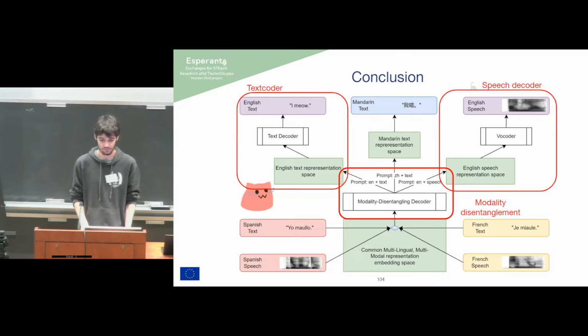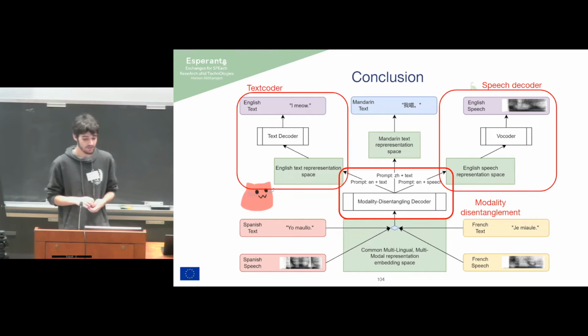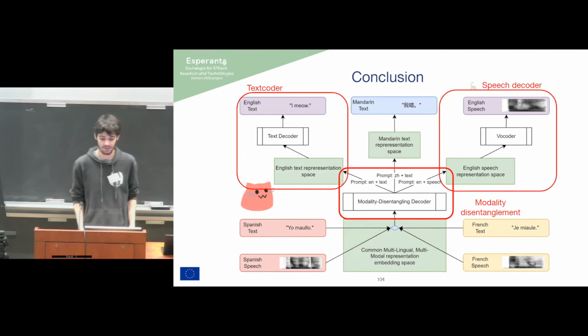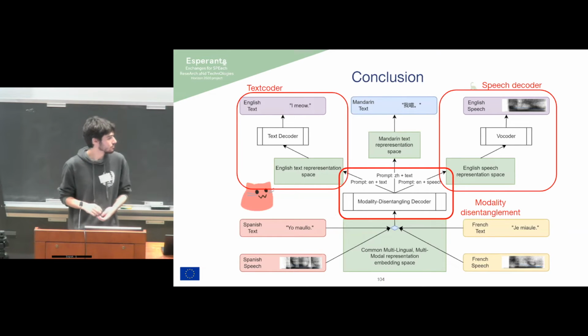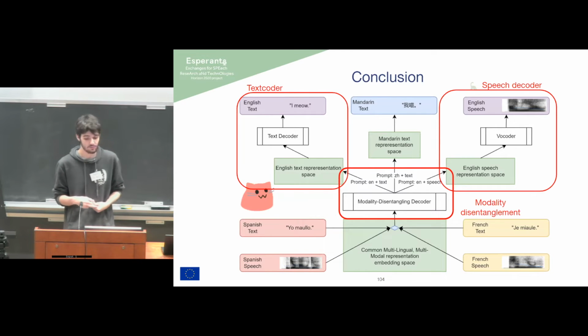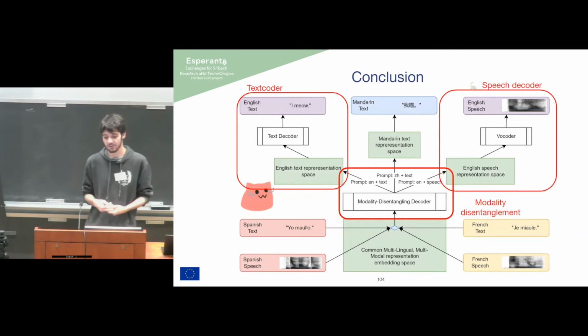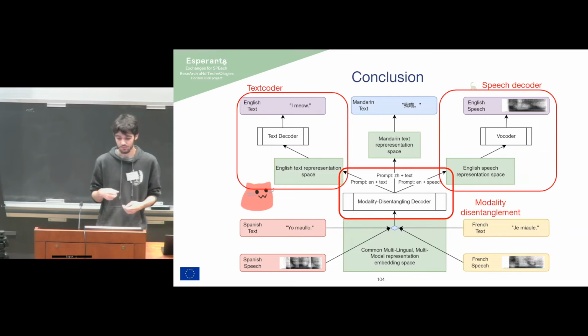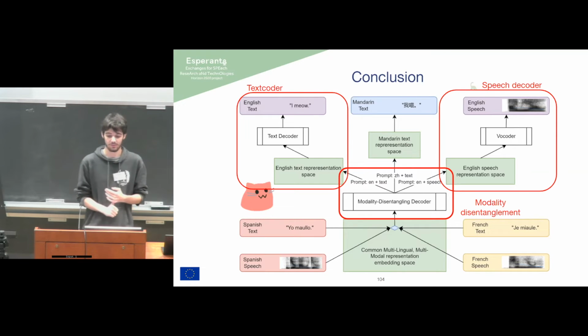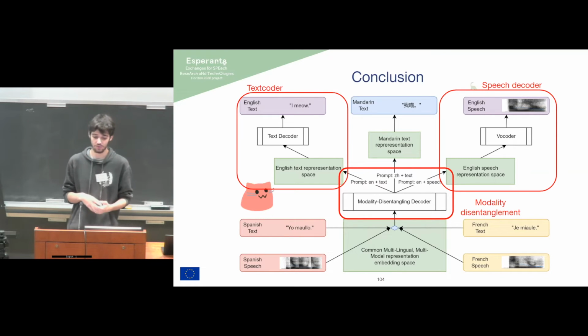Thank you. So yeah, some conclusion about the three last presentations from Harry, Marek, and myself. We have the encoder part, which is on the bottom of the slide, the common multilingual and multimodal representation. These features are coming into a modality disentangling decoder, which will produce some embeddings which are specific to a language and specific to a modality.